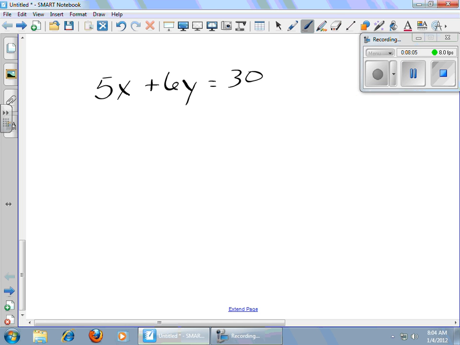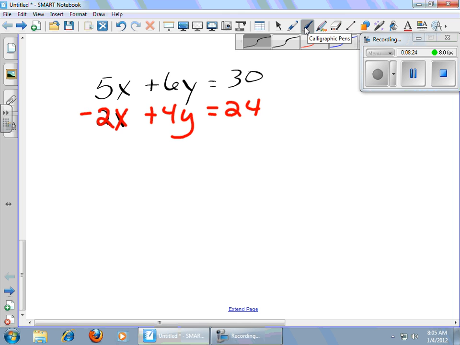Okay, this time I'm going to have 2x, and we'll make a minus. No, we'll go with negative 2x plus a 4y, and we'll make that equal to, I don't know, let's go 24. On this one, I've got to decide, do I want to get rid of my x's or my y's?